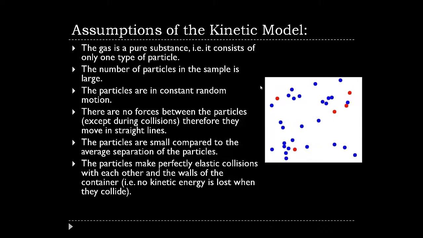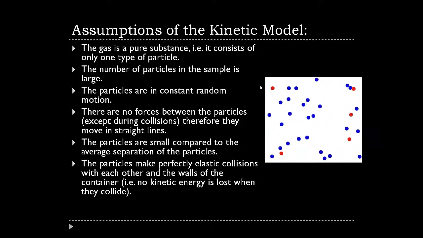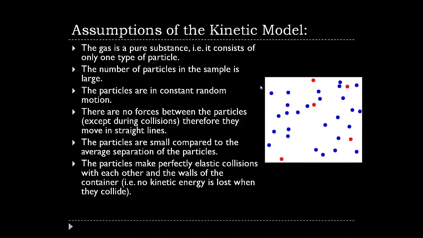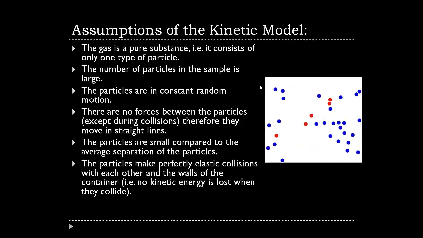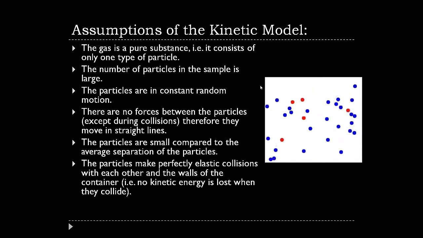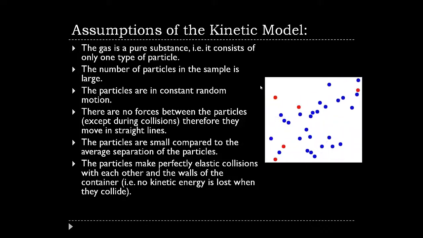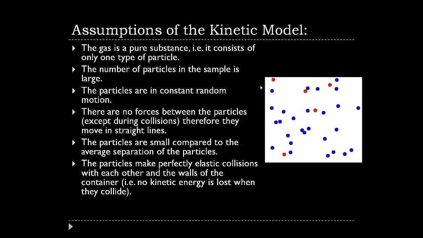The particles, when they do collide, make perfectly elastic collisions with each other and with the walls of the container. This ensures that the gas doesn't lose kinetic energy through the collisions.